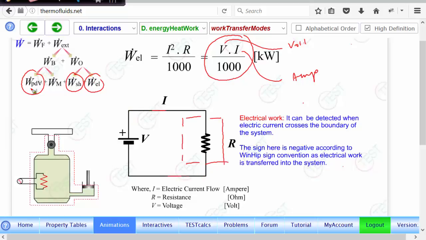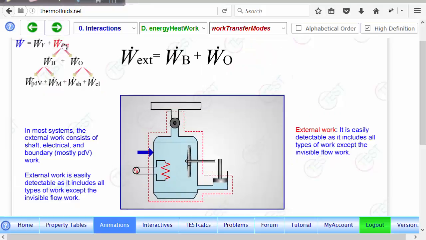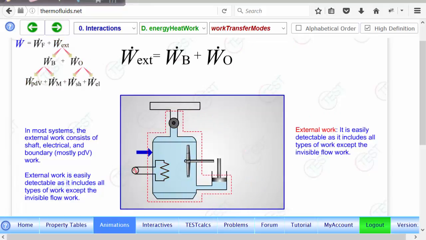To detect PDV work, you look for the volume changing. The system's volume will be changing appreciably. So suppose I have a gas in a piston-cylinder assembly. You can say, aha, that's the case where boundary work is being transferred across the boundary. The sum of all of that is called external work. What do I mean by that?